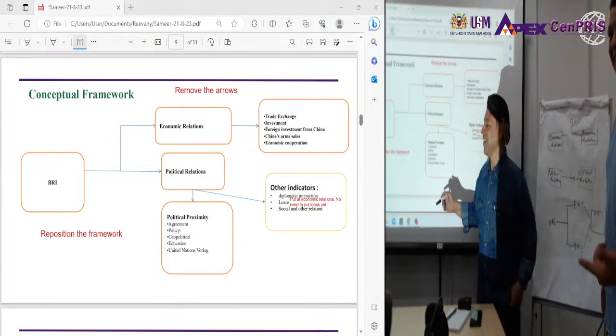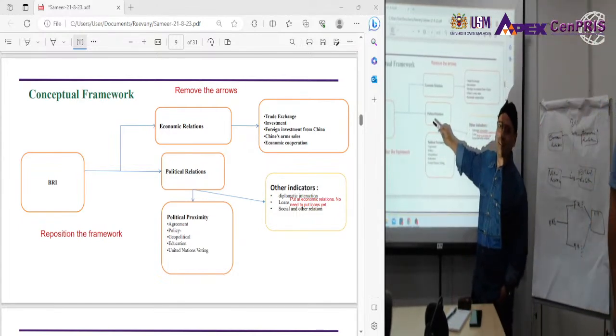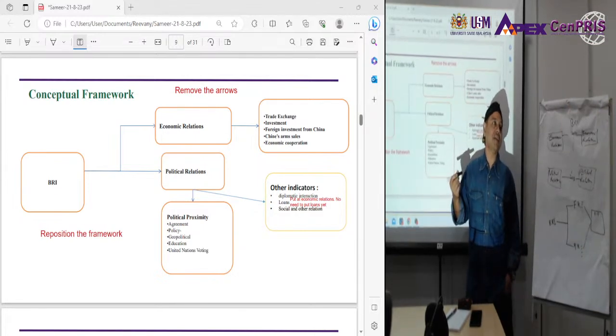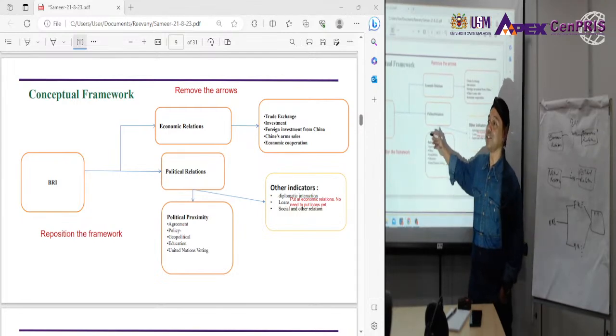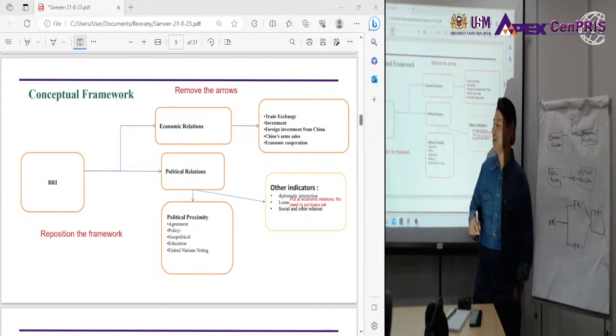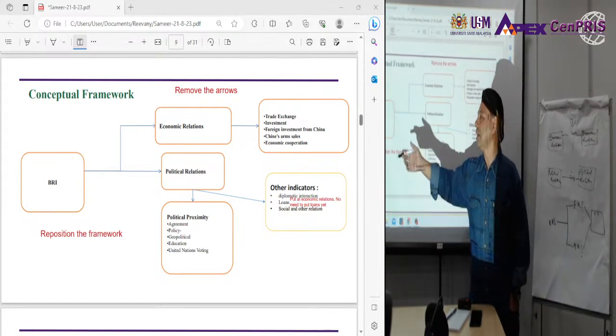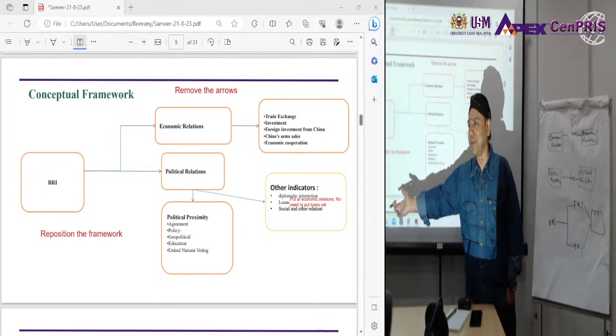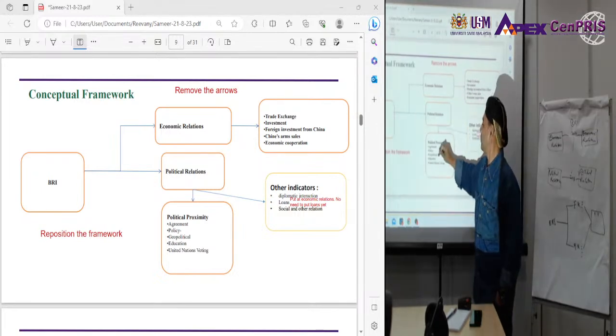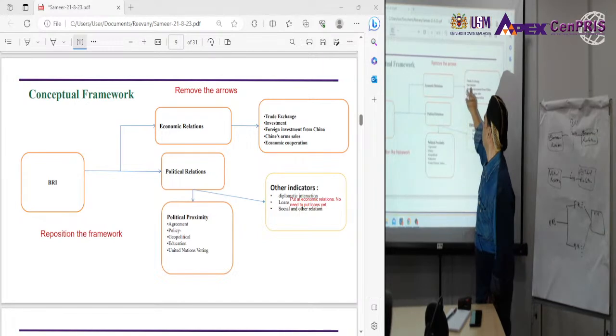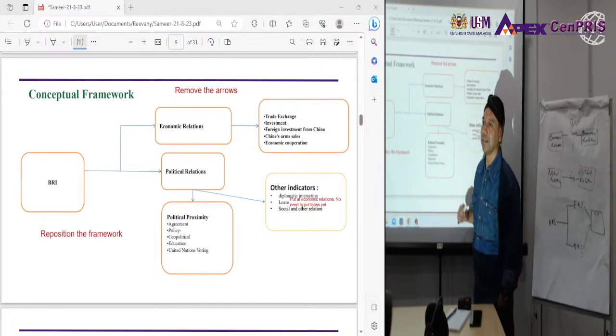So political proximity is a characteristic of political relations, an adjective of political relation. How's your relationship with that person? I'm very close to the person, right? So this is actually part of that. It's as simple as that.